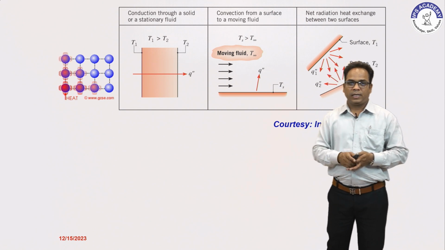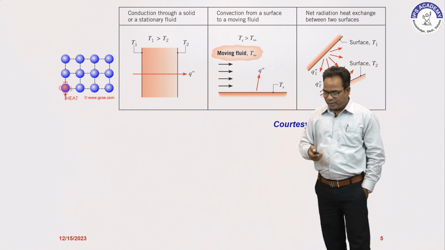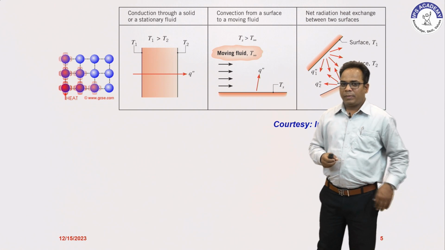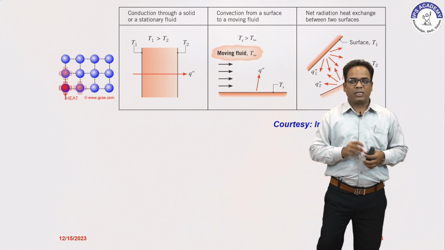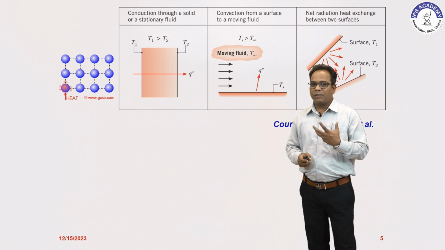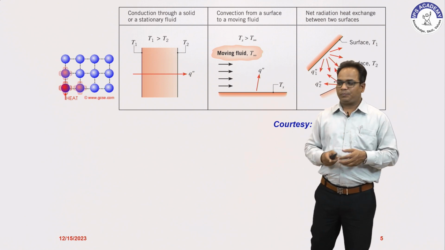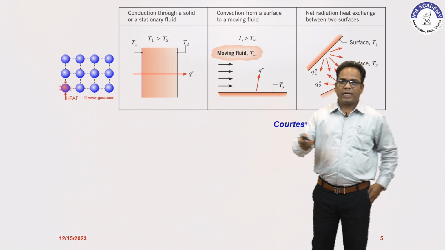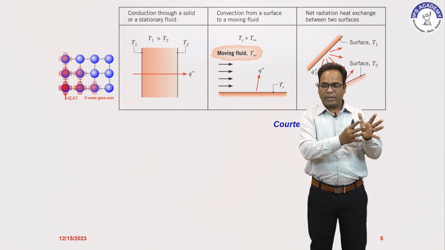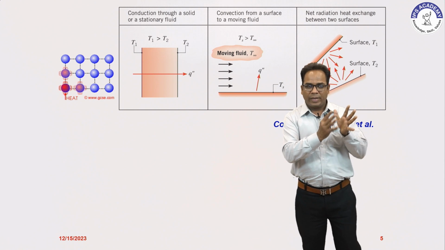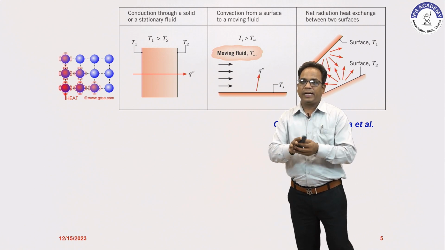Another mode of heat transfer is convective heat transfer, but convective heat transfer is not a basic mode of heat transfer. As I said, the basic mode of heat transfer is only conduction. In convective heat transfer, the fluid is flowing, and because the fluid is flowing, the basic mode of heat transfer is getting disturbed.